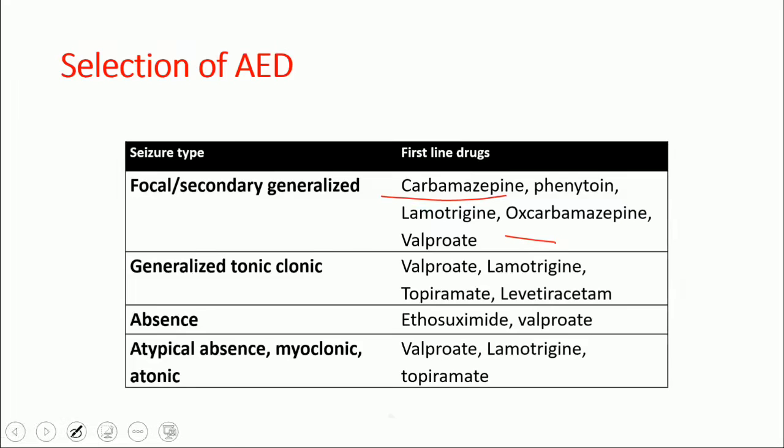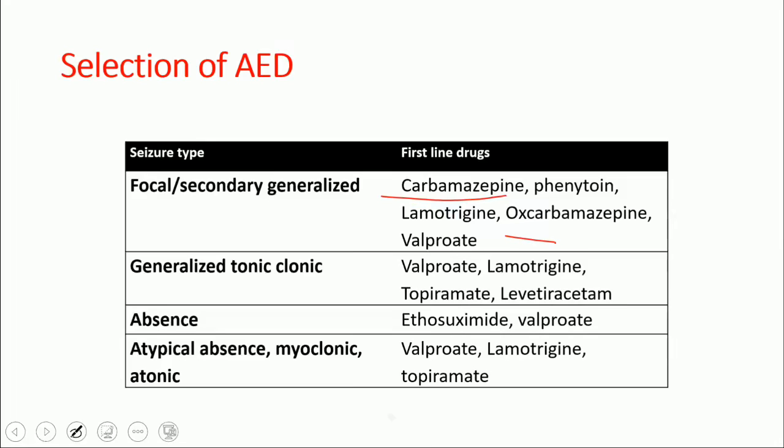About valproate: in the UK, you cannot give valproate to females of childbearing age. That's a big no-no, because of the high teratogenic potential. In Sri Lanka we give it because there are no other drugs, but then you have to talk to them a lot about family planning and contraception. It's better to keep a female of childbearing age off valproate if you have other drugs.